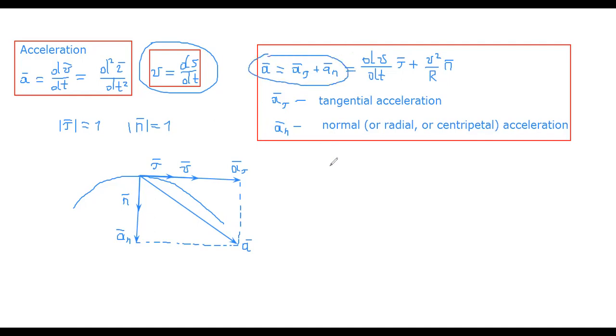In scalar form, we have this formula: tangential acceleration squared plus normal acceleration squared. Okay, do you have any questions about this?